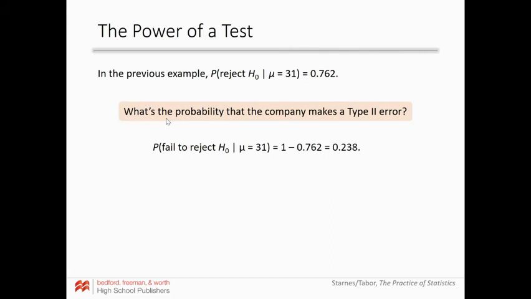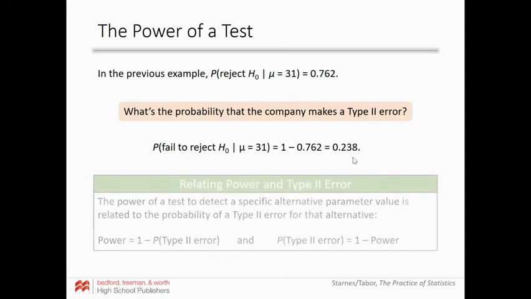A type 2 error occurs when the null hypothesis is false, but we fail to reject. So here, it's the probability that we fail to reject, given that mu is equal to 31. You see how these are complements of each other, so it is equal to 1 minus that probability, or 0.238.